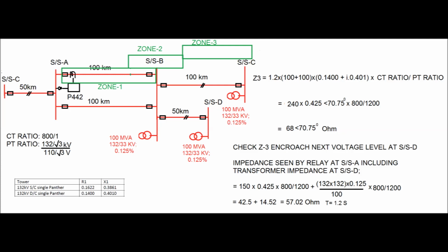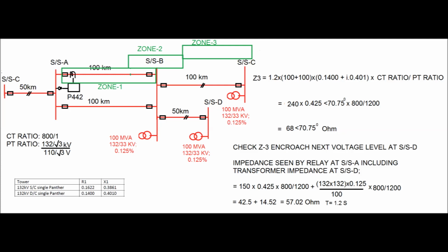Now percentage impedance to actual impedance is given by kV square by MVA into percentage impedance. Here the HV side voltage is 132 kV and MVA is 100 MVA, that is why it is 132 square into 0.125 by 100 into CT ratio by PT ratio, that is 800 by 1200, which comes as 14.52, and the line impedance for line segment AB and line segment BD is equal to 42.5.